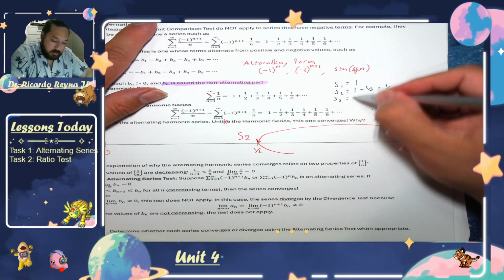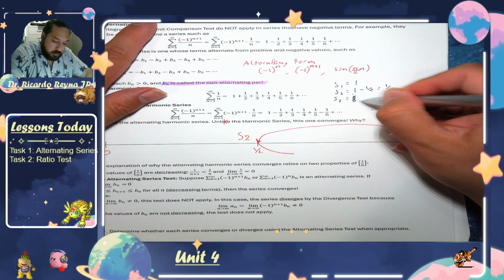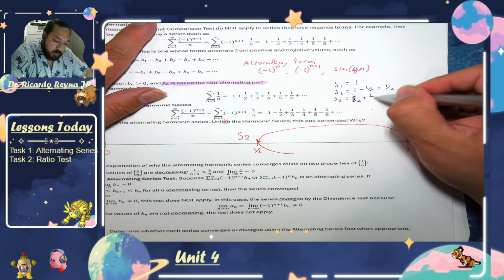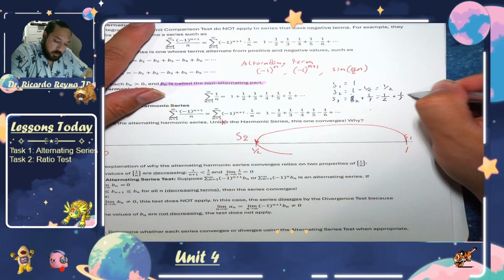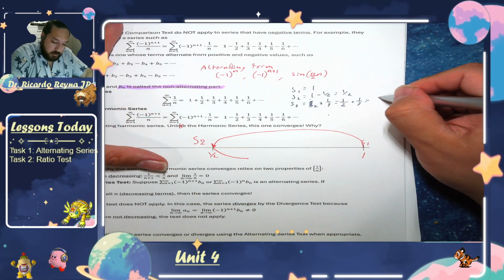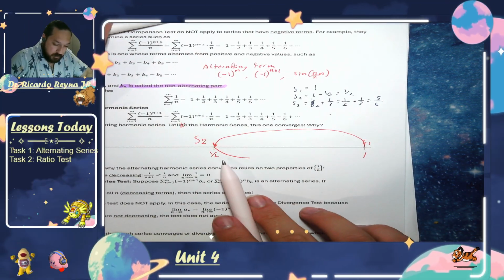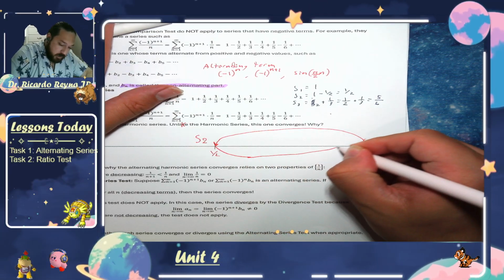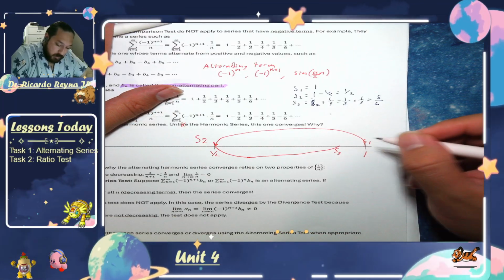S3 is S2 plus the third term, which is 1/3. So 1/2 plus 1/3 is 5/6. So we say 5/6 is over here, S3.